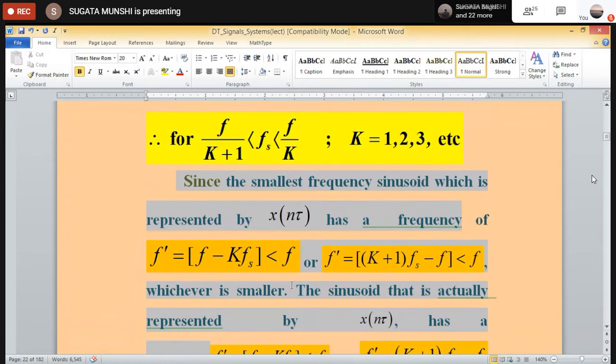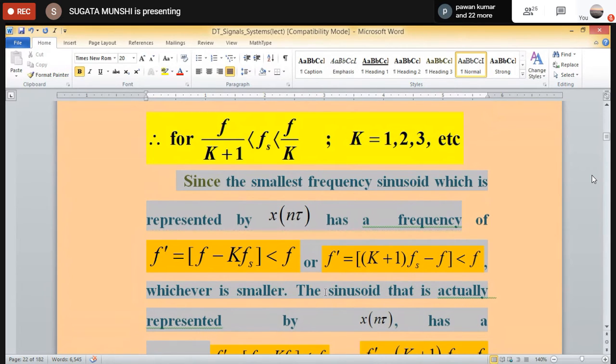Therefore, depending on the value of fs, or we may say the relative values of fs and f, for that particular subrange, the original range was fs greater than 0 and less than f. We are considering this particular subrange. So the two possibilities are f prime equal to f minus k fs less than f, or f prime equal to k plus 1 fs minus f less than f.